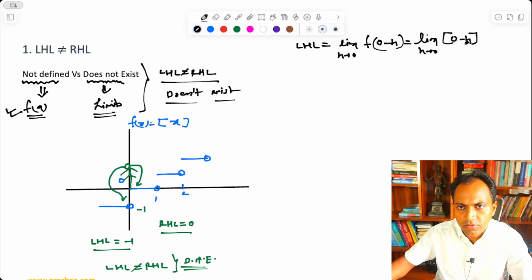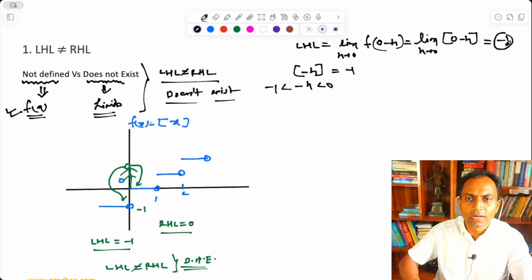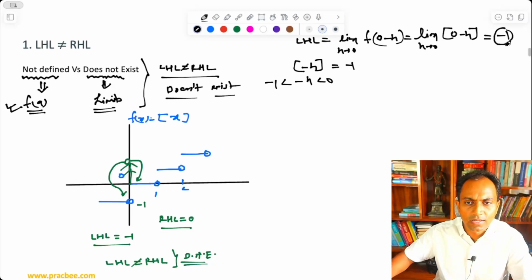Now understand that if you have minus h, h is a very small quantity. So minus h lies between minus 1 and 0. The greatest integer function will become minus 1. So this value becomes minus 1. That is also something that we observed using the graph here.